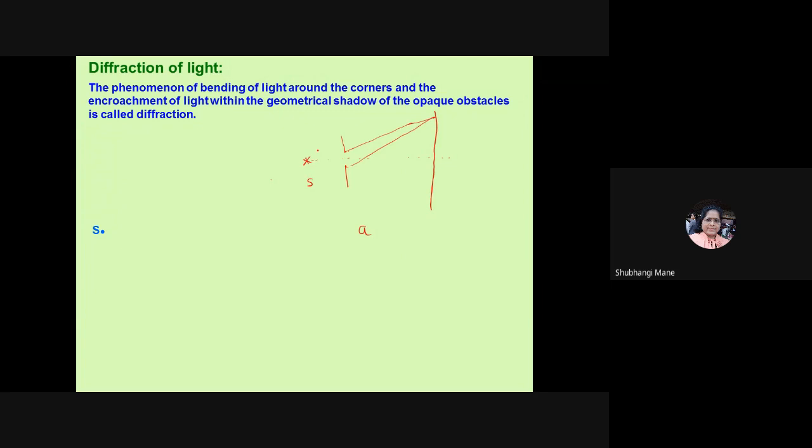Getting my point? If this is source of waves, those waves which are not suffered by any point, any obstacle, can simply travel in a straight line path. But when these waves are interacting at the edges, they are getting scattered, they are getting bent.